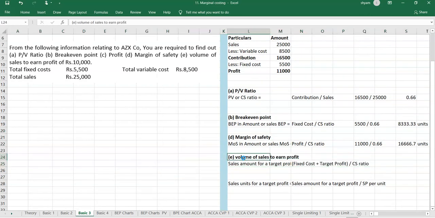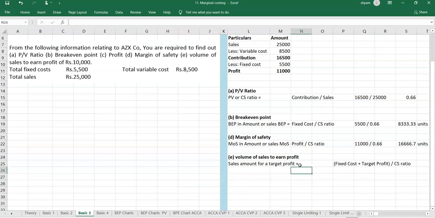And the last part is the volume of sales to earn a profit of 10,000. To get a profit of 10,000, how much should the company earn? So this is the formula. Let's get the answer.